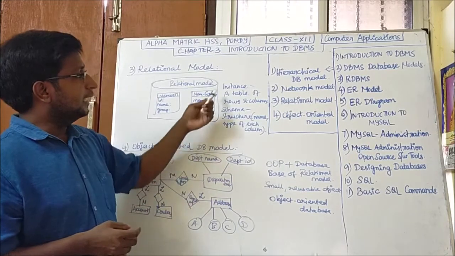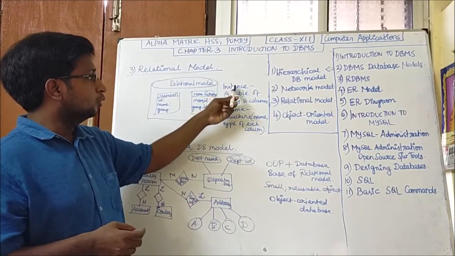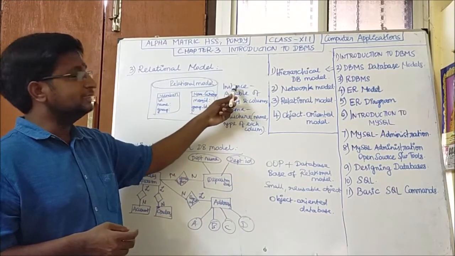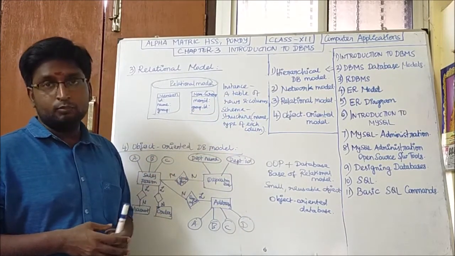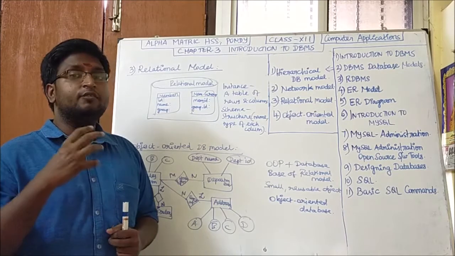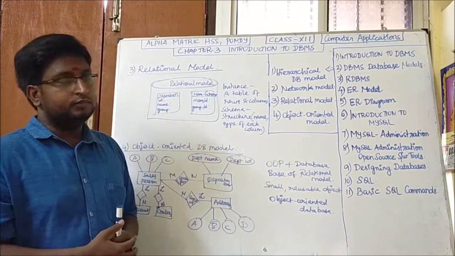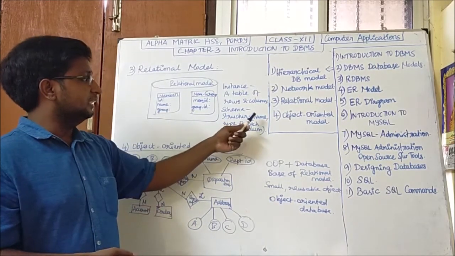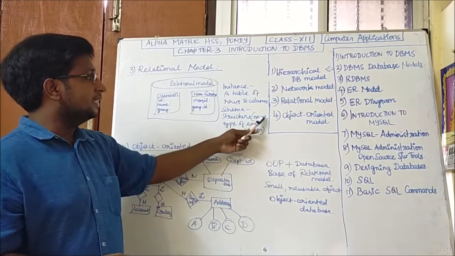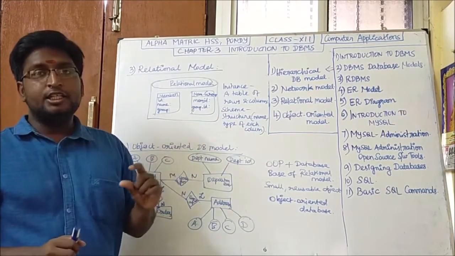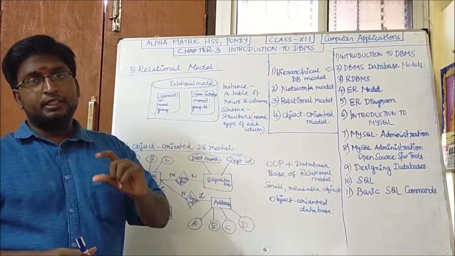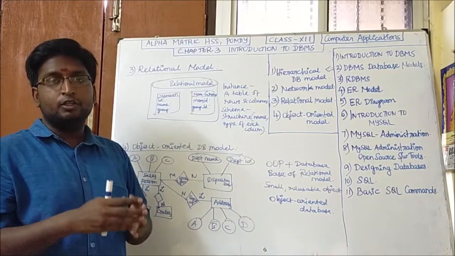In this they have discussed two concepts, that is the instance and the schema. Schema, which we have already seen in the network model, gives the structure of the database, including the name and type of each column. Say for example, the member ID will be an integer, a full number, and another may be alphanumeric.